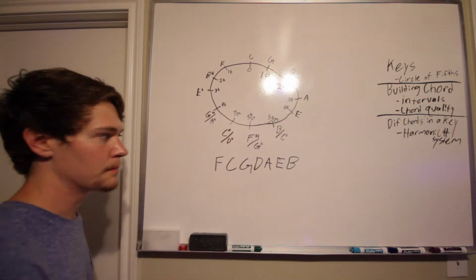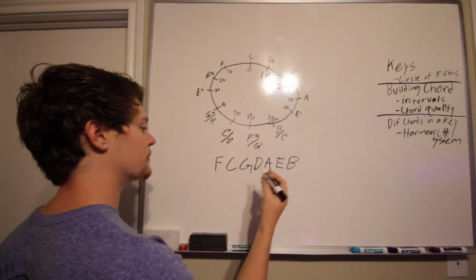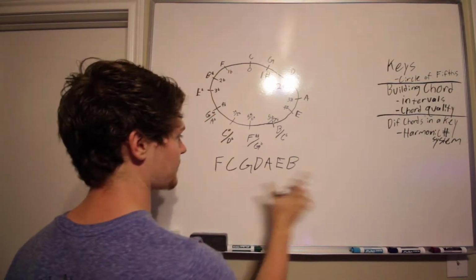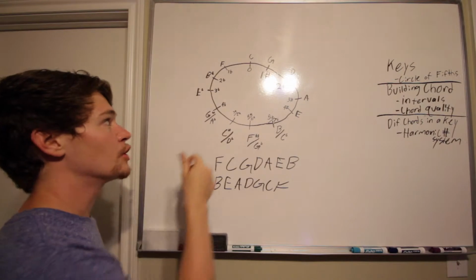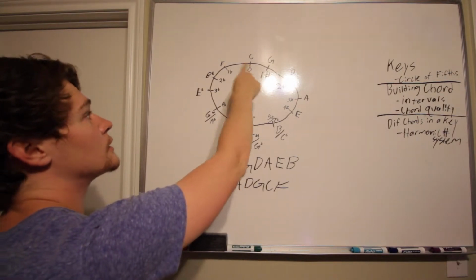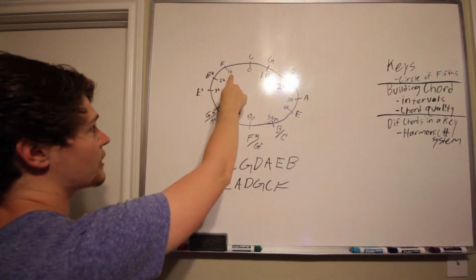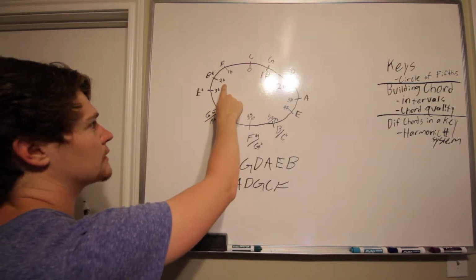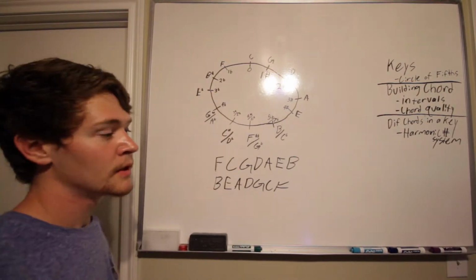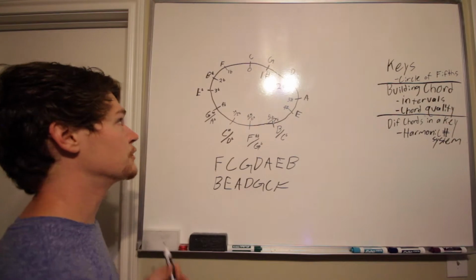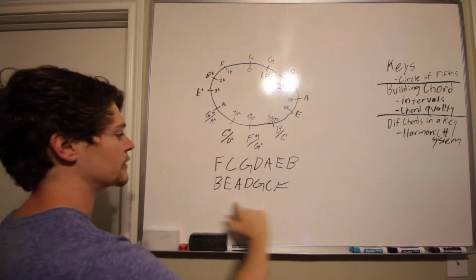The same basic thing goes for the order of flats. It's just backwards. If you go down a fifth, you add a flat. You go down a fifth, you add another flat, and so on. The numbers correlate to the order.